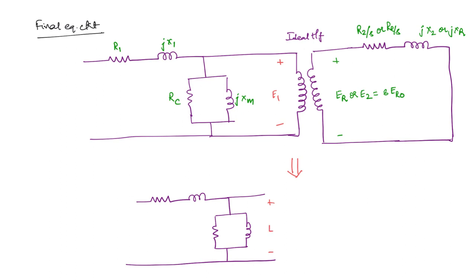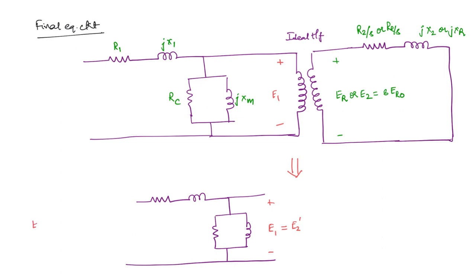So this will be E1, which will be equal to the secondary voltage referred to the primary side. We represent it as E2 dash. If there is a transformer, we write E2. So we are ignoring ER now. Forget the subscript R. We will use 2 only, because on the primary side we are using 1. So this E2 voltage, if we refer it onto the primary side, will become E2 dash and that will be equal to E1.